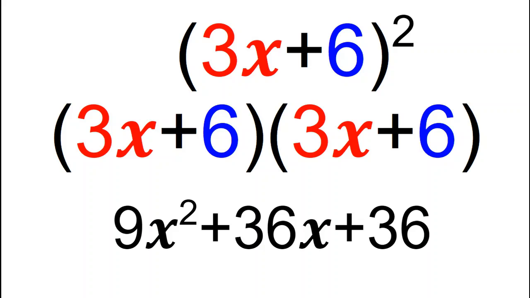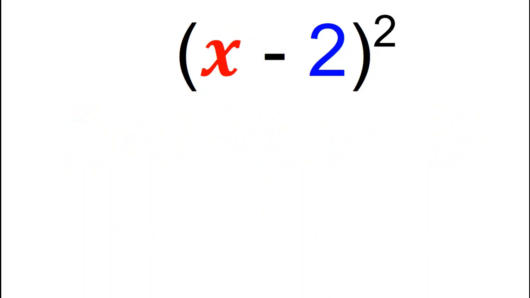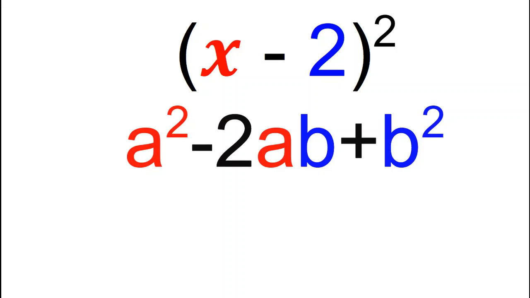Another approach, which is a little simpler, is to use the previous expression we came up with. When we had (a − b)², we were left with a² − 2ab + b². Now instead of a and b, what if we substituted our two terms? In this case, (x − 2)², our two terms are x and 2. Wherever there is a, we can substitute in x, and wherever there is b, we can substitute in 2.